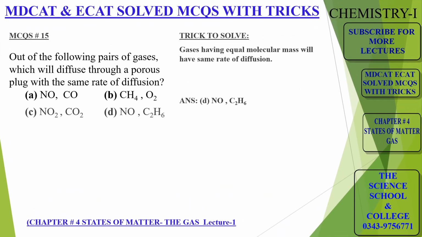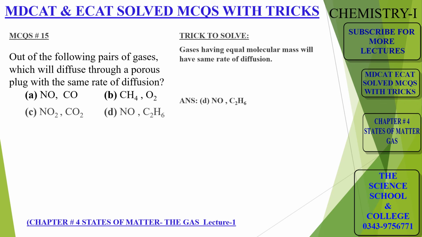MCQ number 15: out of the following pairs of gases, which will diffuse through a porous plug with the same rate of diffusion? Option A is NO and CO. Option B is CH4 and O2. Option C is NO2 and CO2. Option D is NO and C2H6.